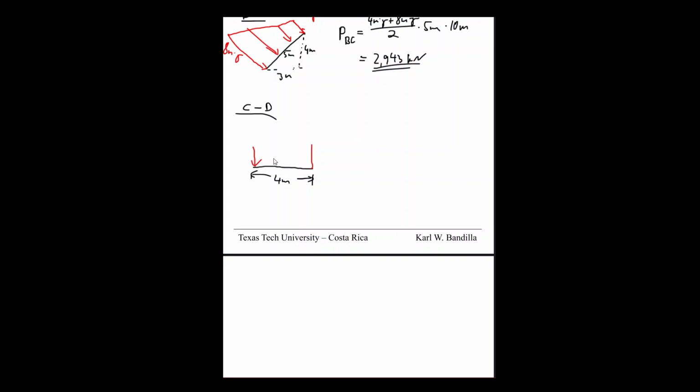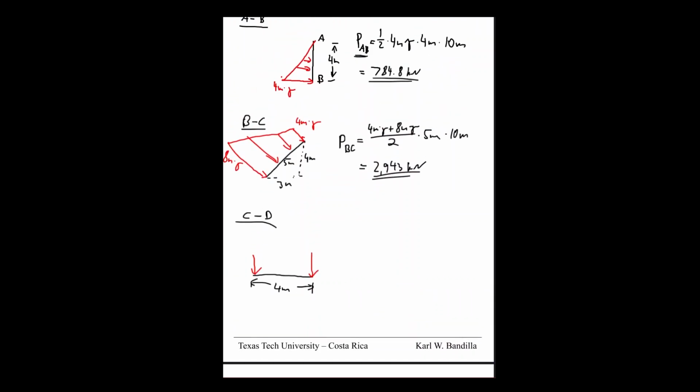Oh, I forgot to name the points here, so this would be B and C, C and D, just to be complete. Now, it might not look like a straight line, but it's supposed to be, and it's 8 meters times gamma, 8 meters times gamma.